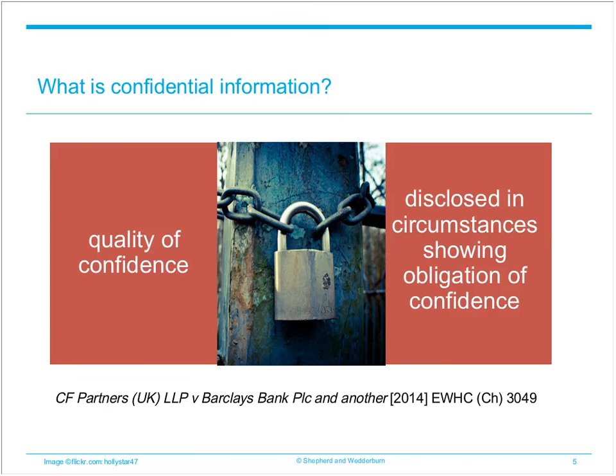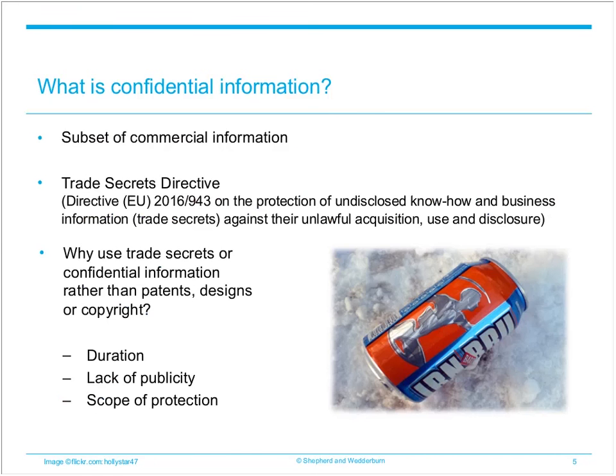Trade secrets are the confidential information that's kept by a business that give it an edge over its competitors. In the UK, the definition of a trade secret has been developed through case law, but it can often be difficult to draw the line between information that's commercially sensitive in a more general sense and information that can be protected as a trade secret.